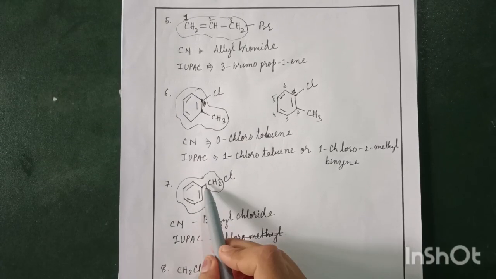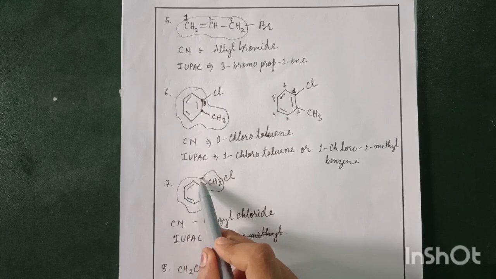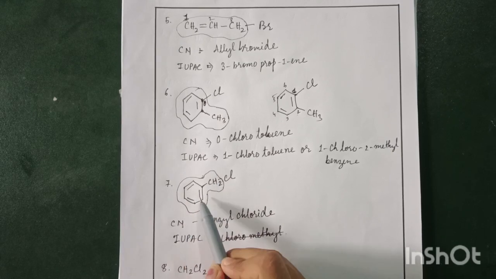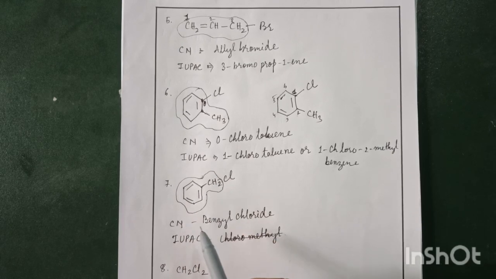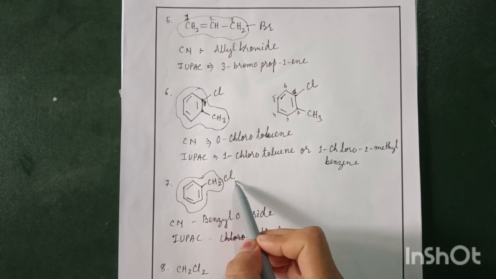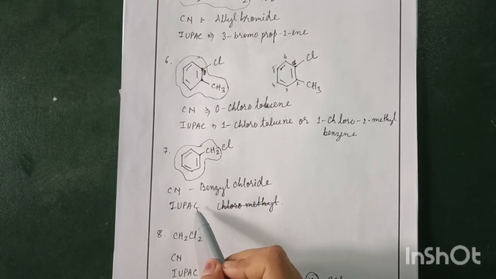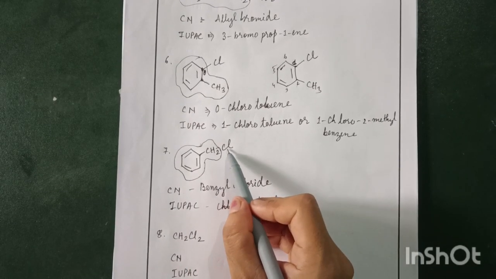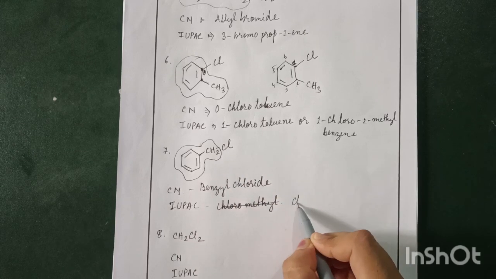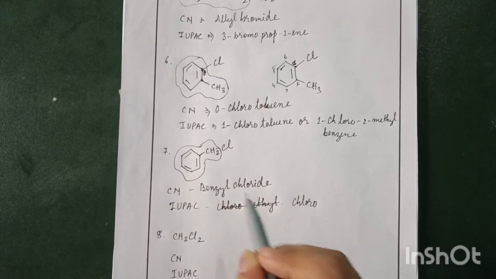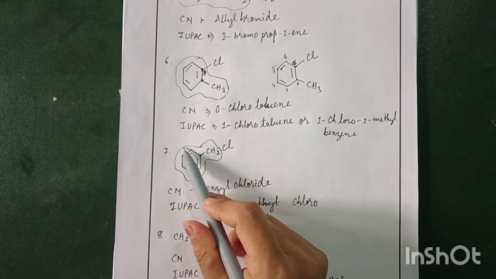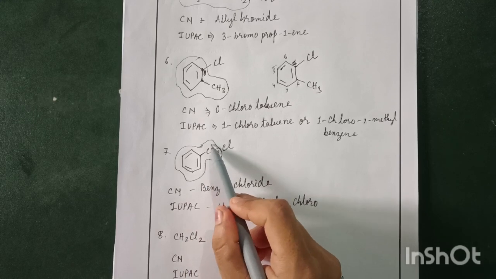Here in this case, this part is called benzyl in the common name. Benzene ring with CH2 is called benzyl, then the remaining is your chloride. In the IUPAC name, we will always mention the halogen group first, so your halogen is chloro. Then we have a ring compound as well as a chain here.